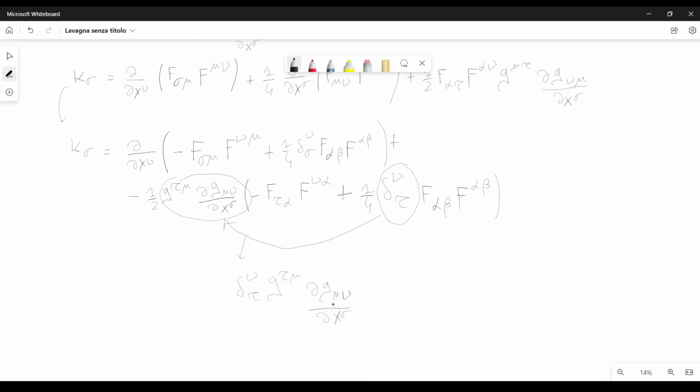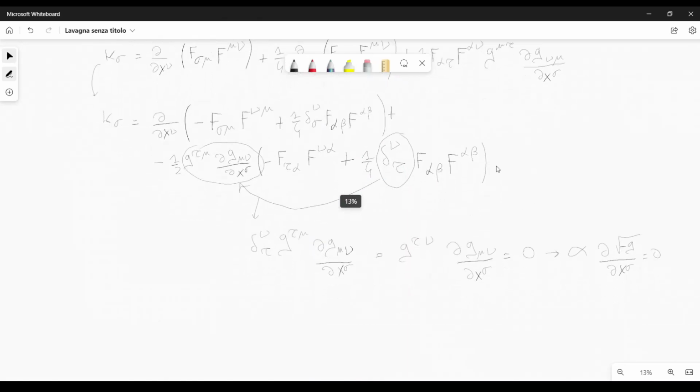Now, this is also of course equal to g tau nu derivative of g mu nu with respect to x sigma, but this will be 0 simply because this is proportional to the derivative of the square root of minus g with respect to x sigma. But we know that in our frame of reference, for our choice of coordinates, the square root of minus g is equal to 1. It is a constant, so this will be 0.